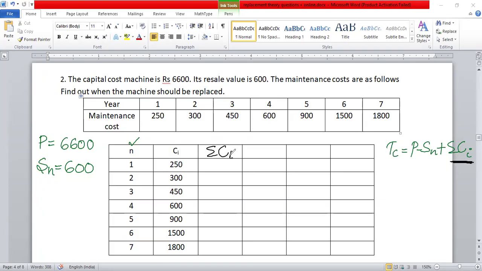So summation of CI is nothing but the cumulative of the CI column.